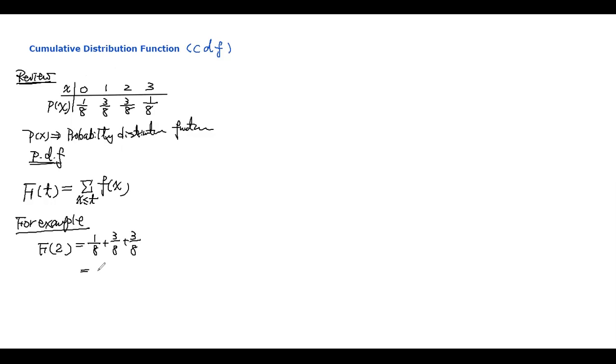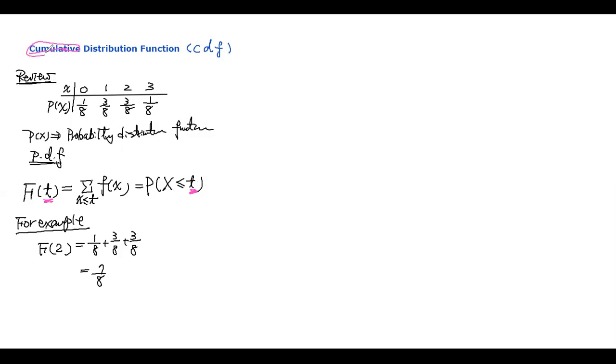That's why it's cumulative, and it's 7/8. So that's why we use this notation: the probability that X is less than or equal to t. It means the random variable is less than or equal to whatever value you're trying to find. That's why we use the word cumulative, because you're adding them up.